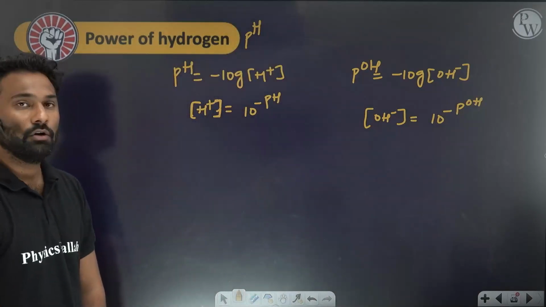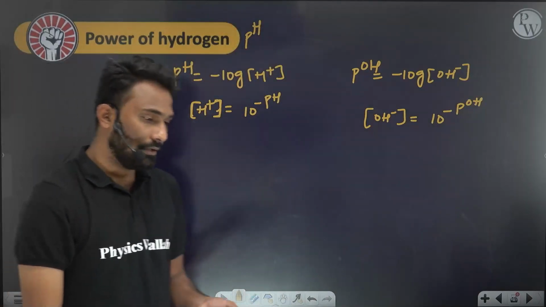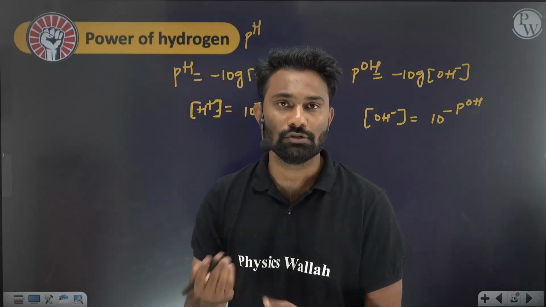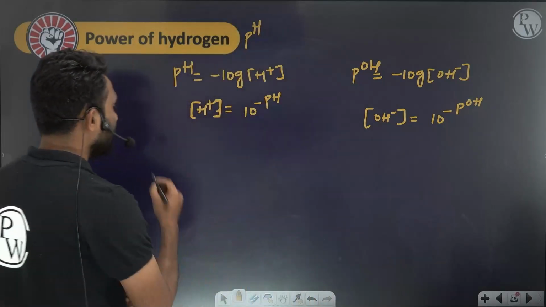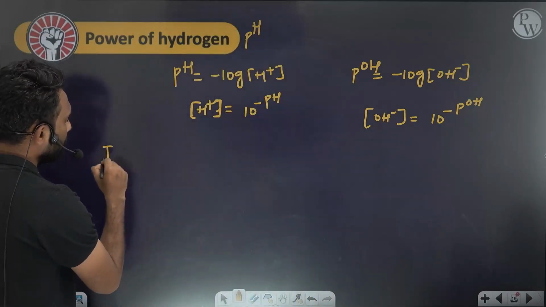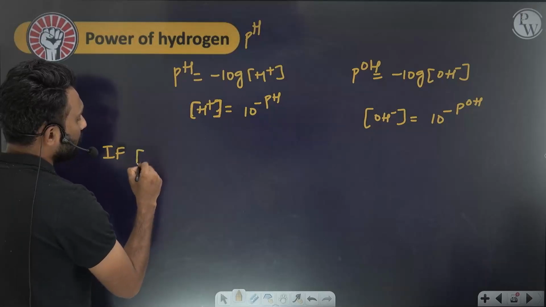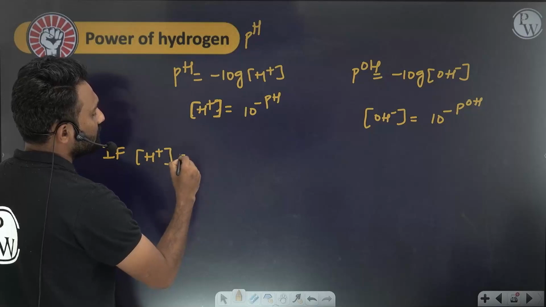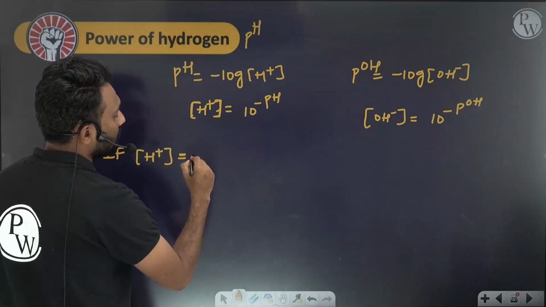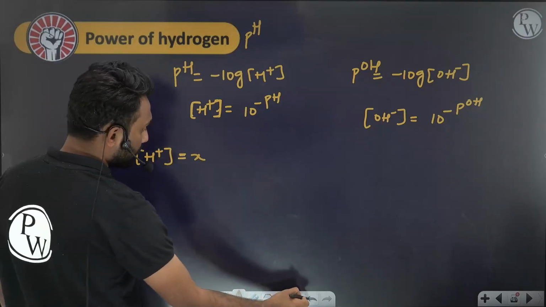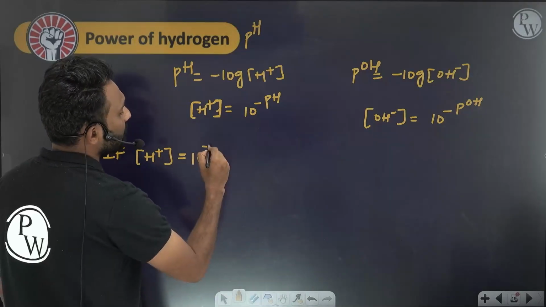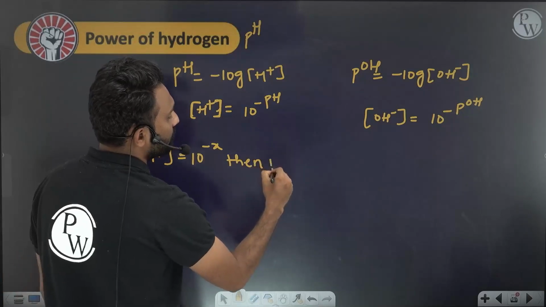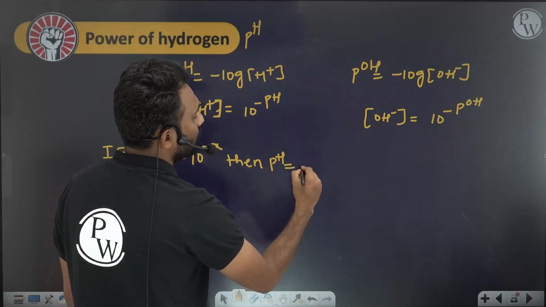Now if you are given pH questions, you can solve them very fast. See here, if in the question the H plus ion concentration is given as 10 to the power minus x, then the pH is equal to x.